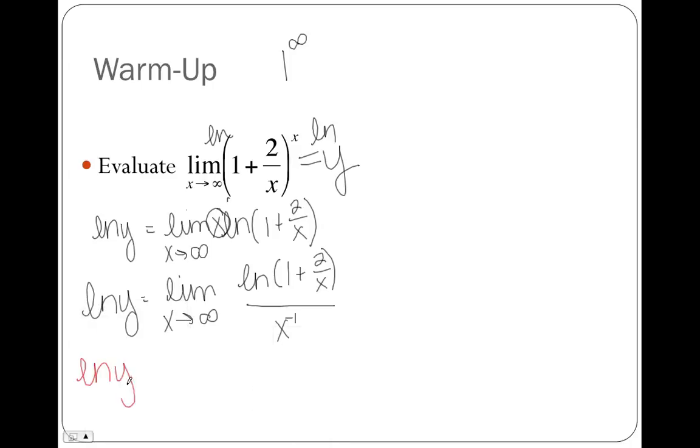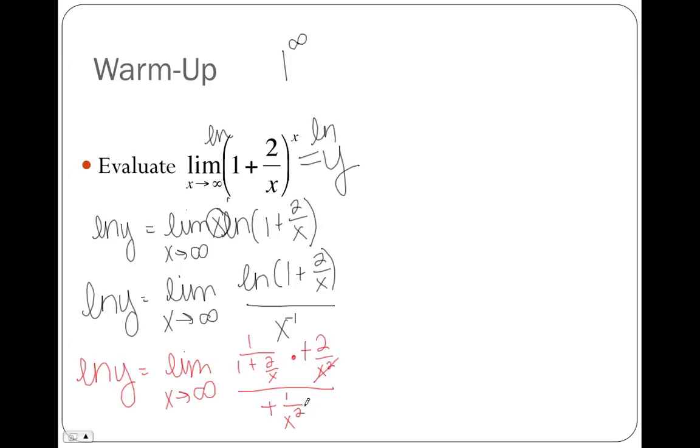So natural log of y is equal to the limit as x approaches infinity. The derivative of the numerator is 1 over 1 plus 2 over x times the derivative of the inside, which is negative 2 over x squared, over the derivative of the denominator, which is negative 1 over x squared. My negatives divide out.